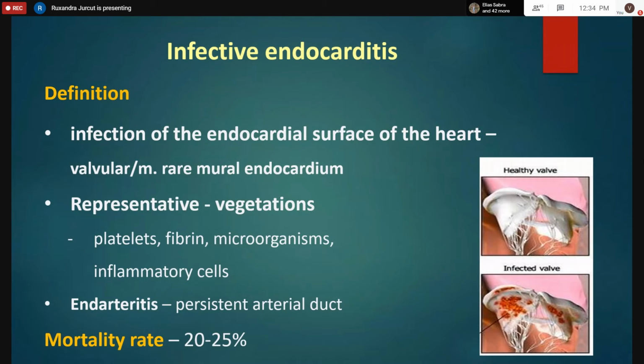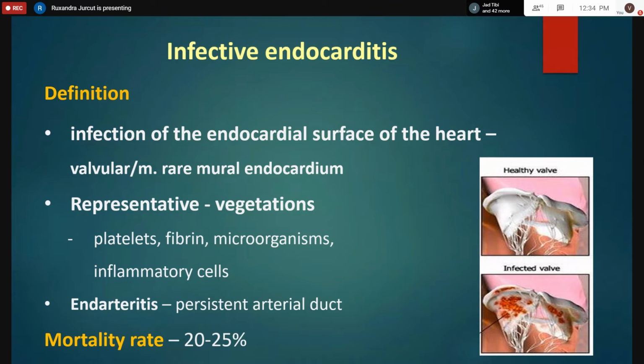Sometimes it can also happen as an infection of the endothelium of the arteries, like, for example, if there is a turbulence in an aortic coarctation or a patent arterial duct, so in abnormal regions of arteries with stenosis, and then it is called endarteritis.